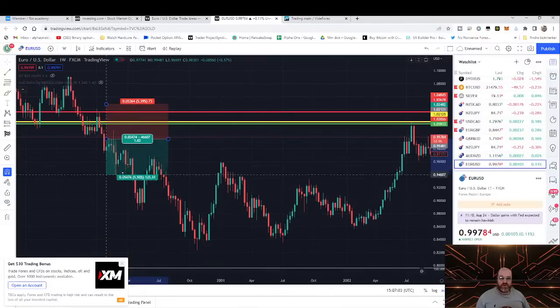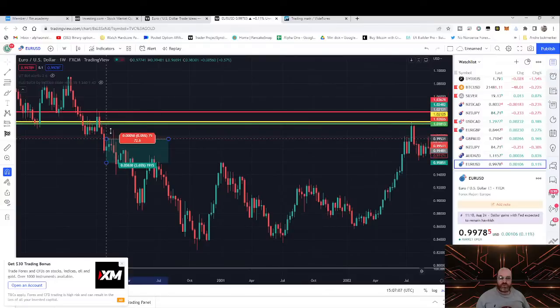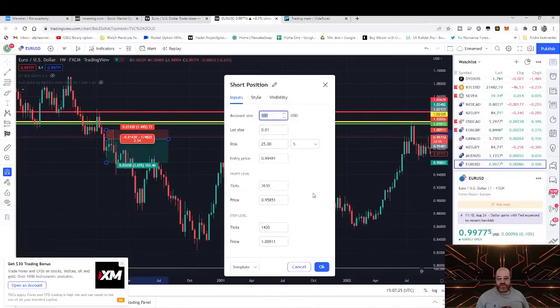And our target we have put there, and our stop loss we have something like this. So here is our entry, and the probability is that this will be a winner. So more or less it looks like this, the trade we are doing today.